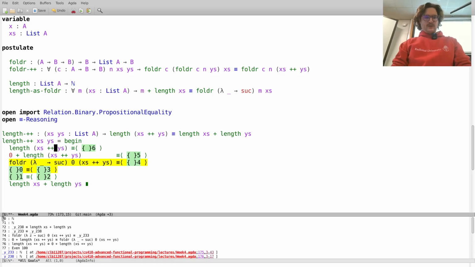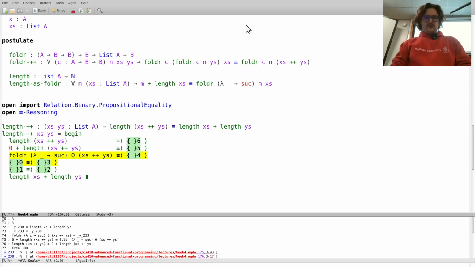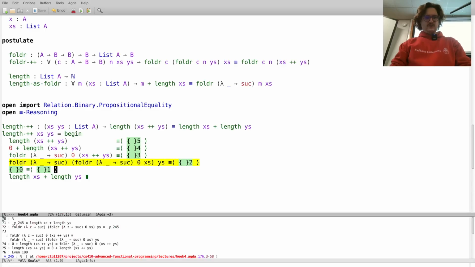And then what do I want to do? Well, I have this property about foldrs and append. So I'm just going to assume that it's going to work. So what if I copy paste a bunch of stuff? So it's a foldr of a foldr on top of some values, whatever.